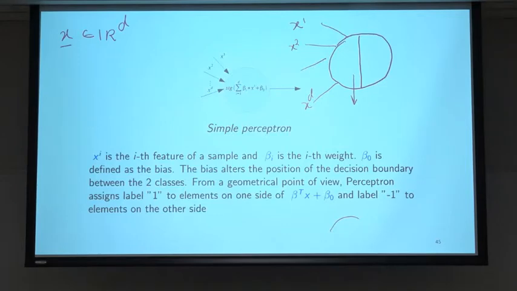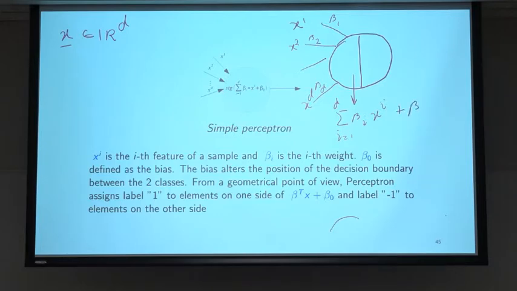So basically here, it's going to be some beta 1 times x1 plus beta 2 x2 up to beta d xd. So here I basically have this summation, beta i x i, for i equal 1 to d.